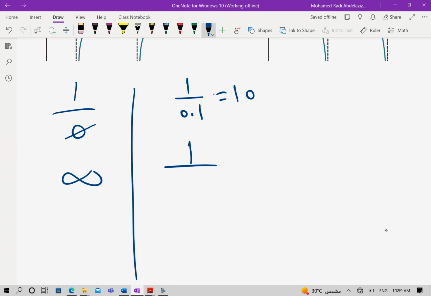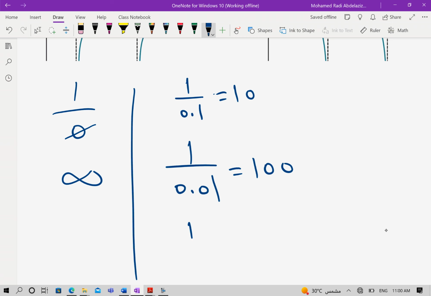If we reduce the value of the denominator to 0.01, the answer will be 100. If we decrease the value of the denominator, the value of the division will be increased, right?